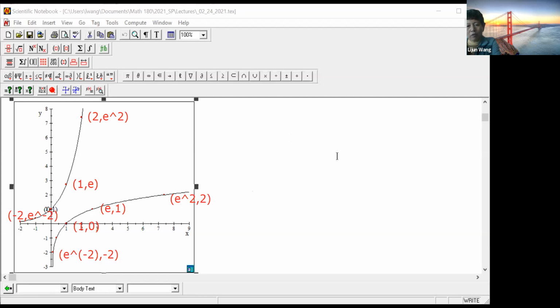So now, if I ask you what is the range of ln x, what would you tell me? The range is all real numbers. Perfect answer. You know the common mistake I see a lot?